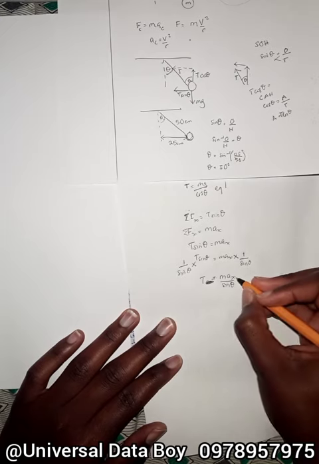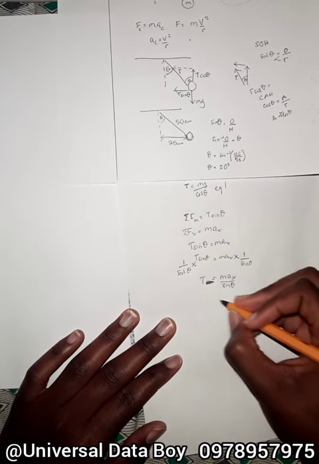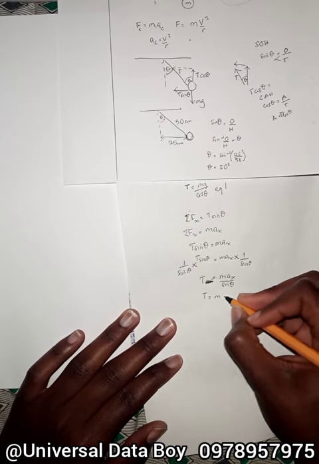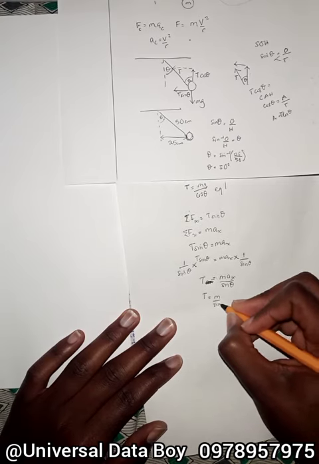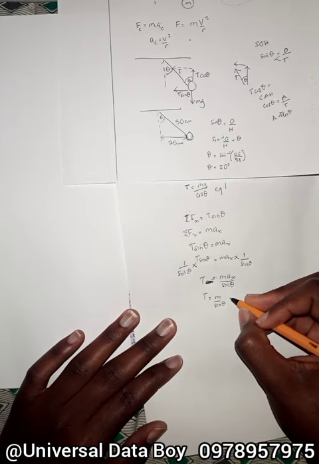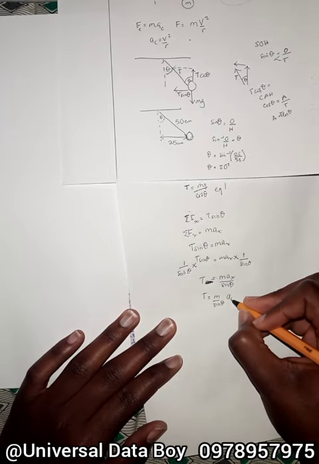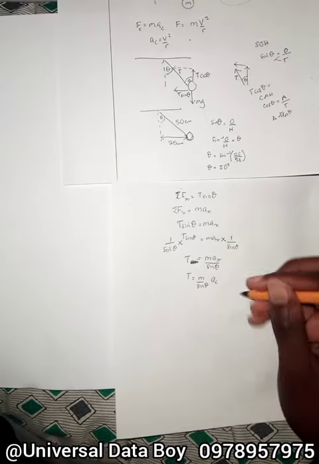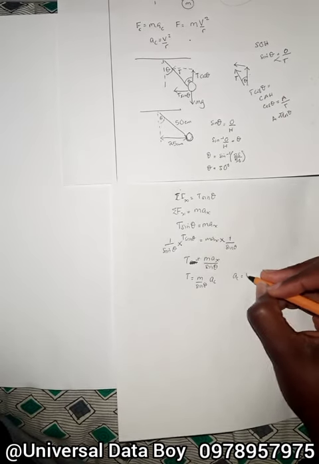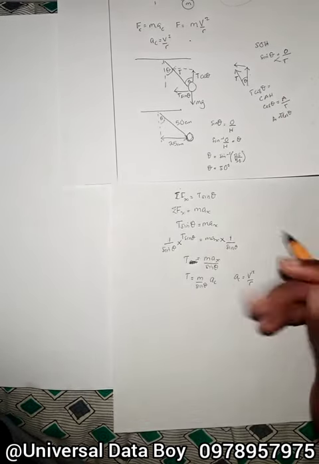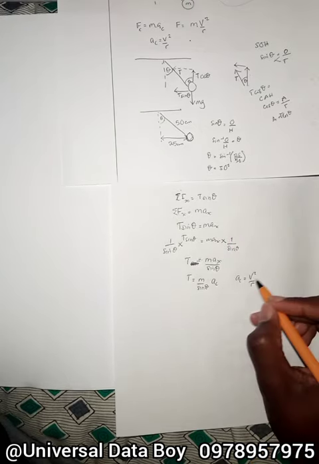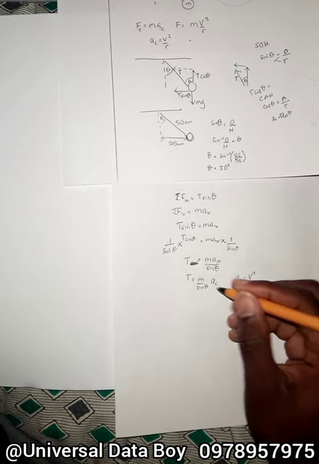Now remember, this acceleration is the centripetal acceleration, so T is equal to m over sine of theta times the centripetal acceleration. Now you know that centripetal acceleration is equal to v squared over r, the equation that I told you earlier. We can use it here, and it will help us find the velocity.